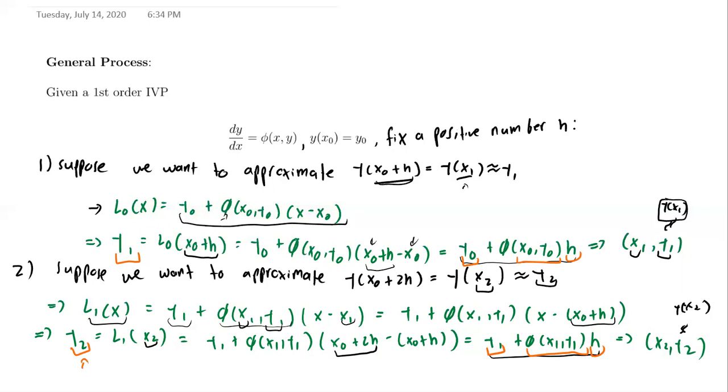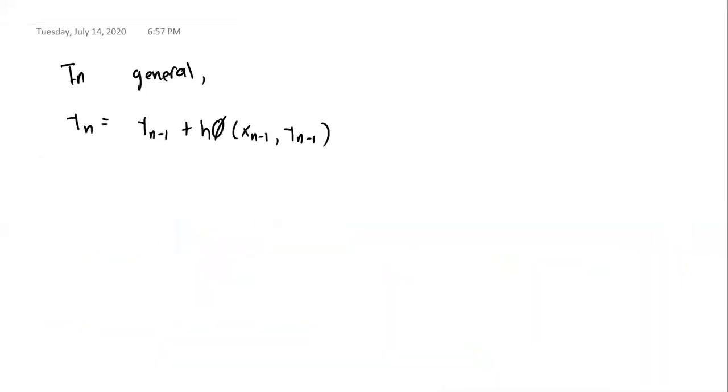Each new function value we're trying to approximate depends exactly on the previous y value and the previous x value. We just plug them into this formula. So what is this formula in general? In general, the nth approximation is just dependent on the previous one: y of n minus 1 plus h times phi of x n minus 1, y of n minus 1.